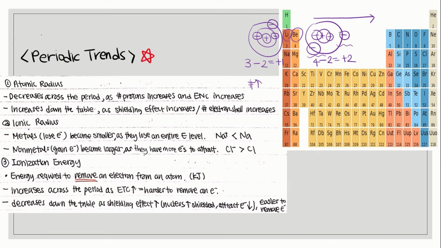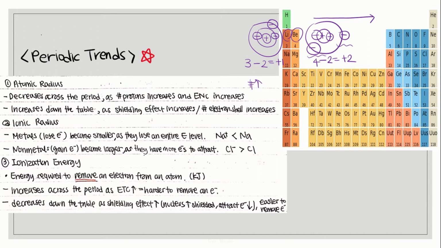Next is the ionic radius. And metals become smaller as they lose an entire energy level. So for example, sodium will be bigger than sodium ion because as sodium loses an electron to become a sodium ion, it will lose an entire energy level.